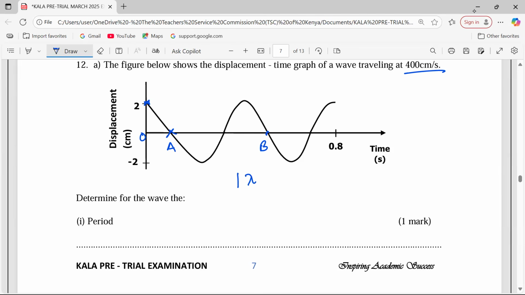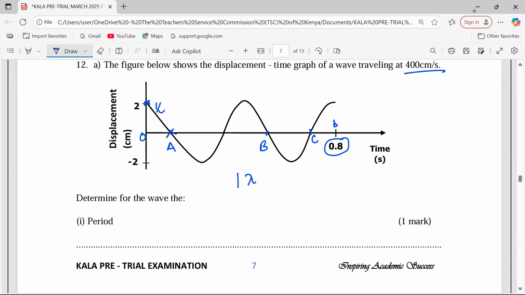So that complete oscillation will be added to the other part of this wave, because according to this calibration of time, we are only having 0.8 time difference at that particular point. Therefore, from B to C, that's half a wavelength. Also, the portion from C to D, when added from A to O, gives another half.